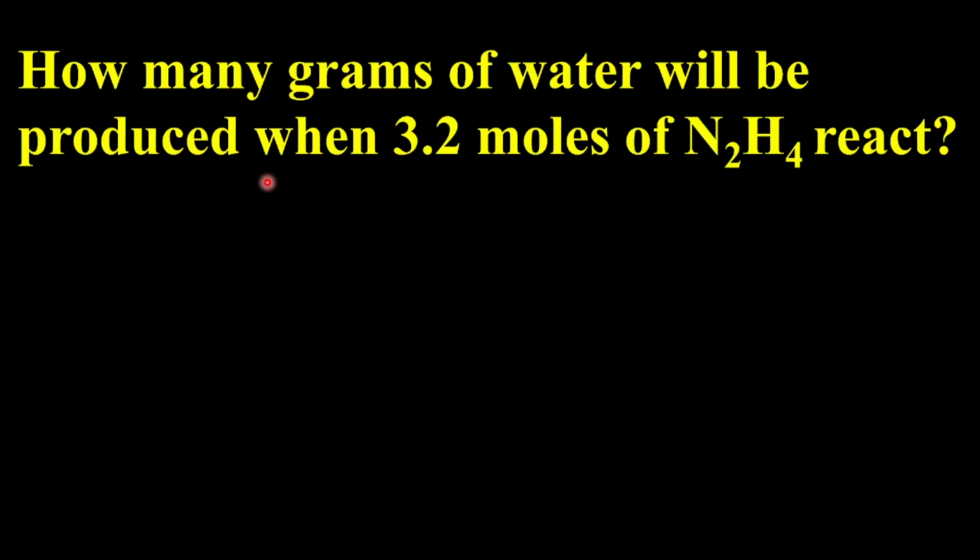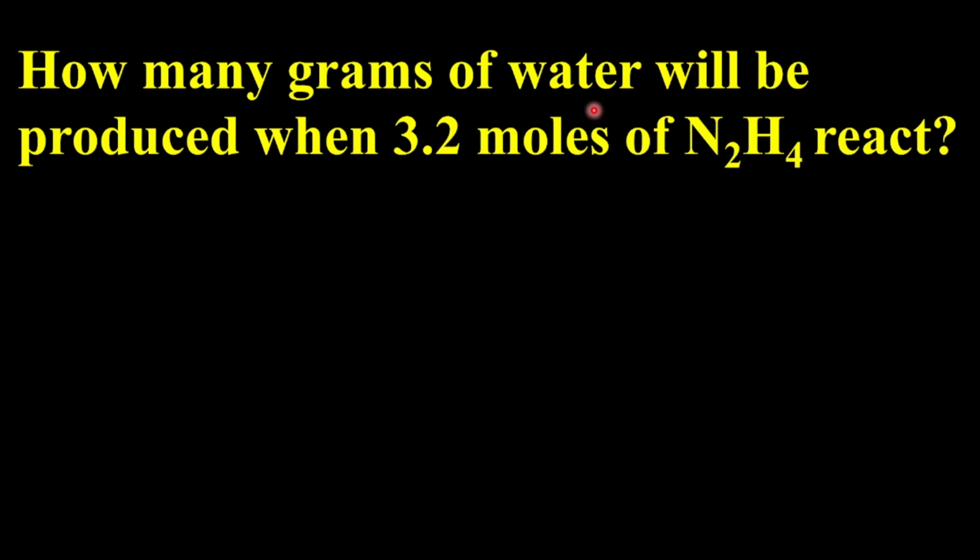How many grams of water will be produced when 3.2 moles of N2H4 react? This is the last question for the equation that we talked about, that is the hydrazine equation. So we are to calculate the mass of water that will be produced from 3.2 moles of N2H4.